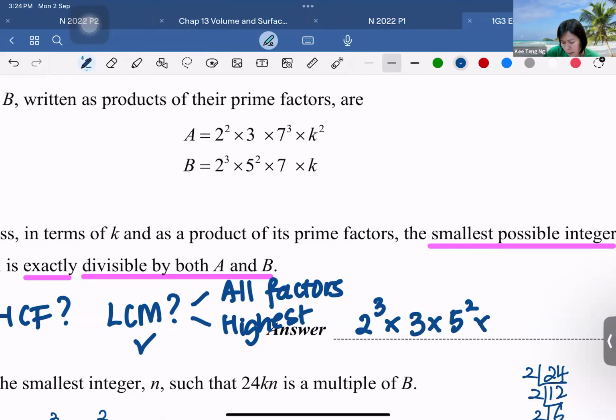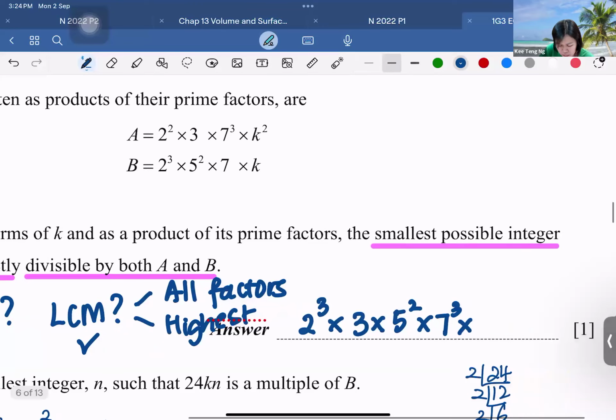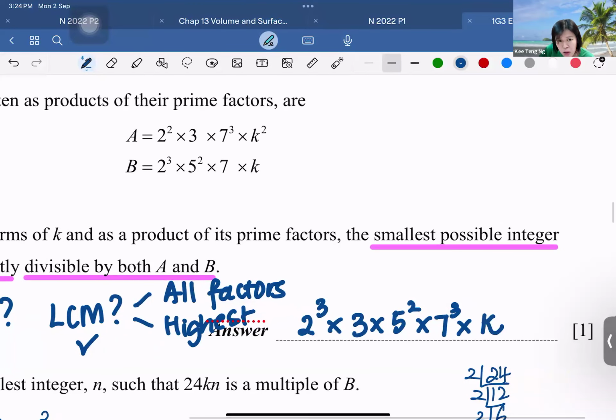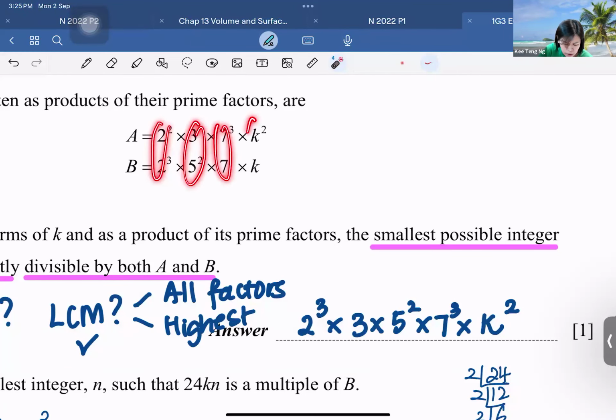Any more? 7 cube. Thank you. Last but not least, letter K. K, but K to the power of what? 2. K squared. Thank you very much. So this is the correct answer. I need to choose all the factors that are available, 2, 3, 5, 7, K, everything. And I must choose the one with the highest power. So I choose everyone. So this is the answer.